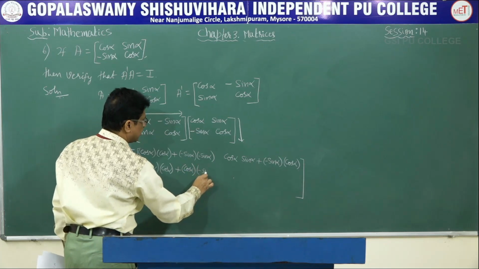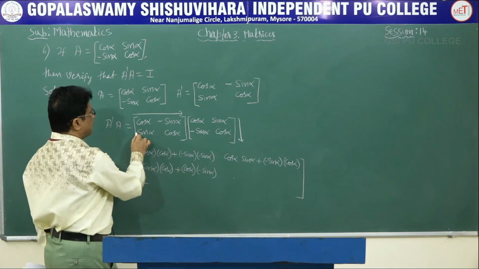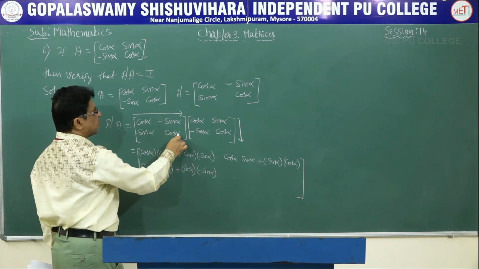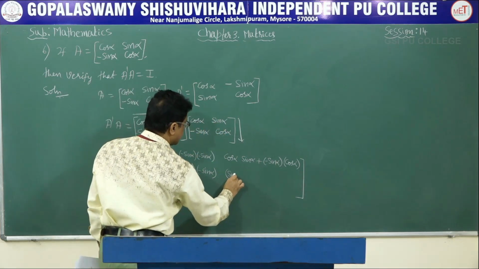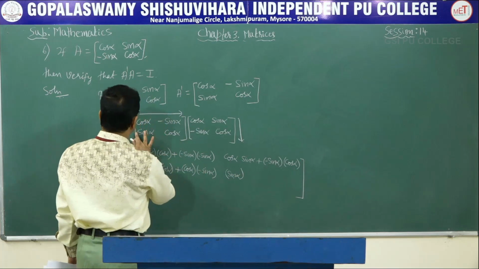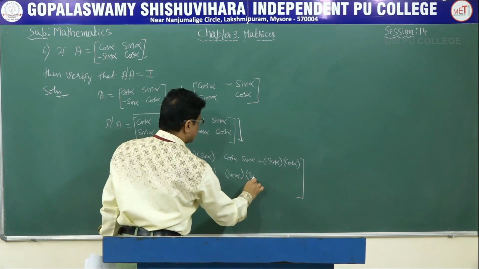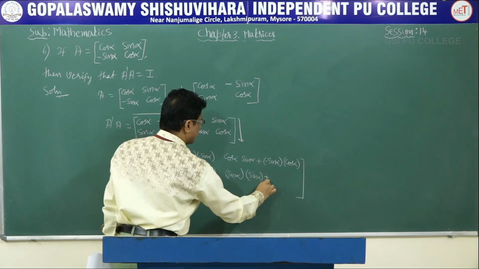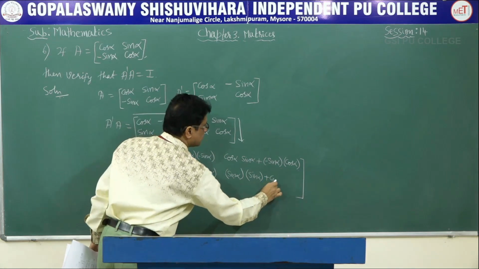The last element is second row into second column: sin alpha into sin alpha plus cos alpha into cos alpha.